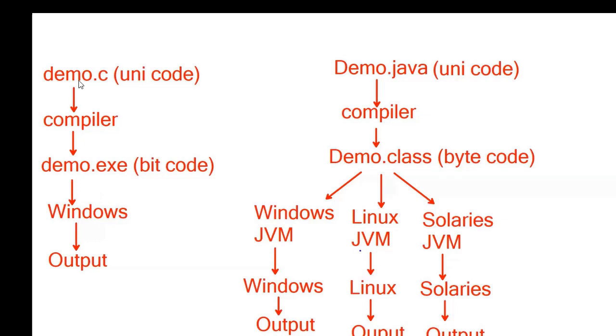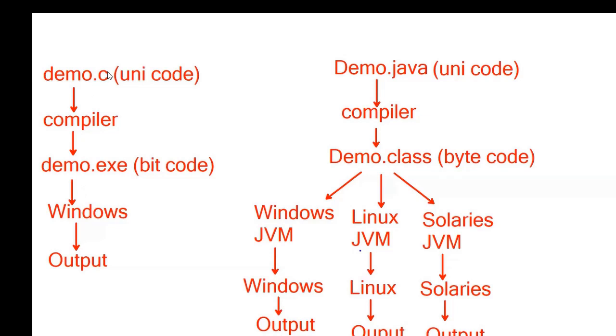For converting Unicode to bitcode, one software is required. That software we call a compiler. What we know, the Windows operating system doesn't know. What the Windows operating system knows, we don't know.